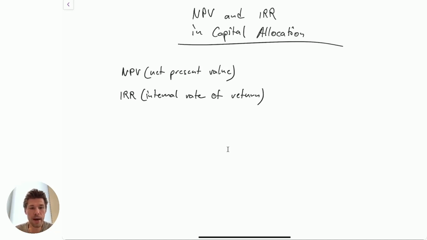If you are an outside analyst and you only have highly aggregated, consolidated financial statements, then another way to analyze an investment decision is using ROIC, return on invested capital.